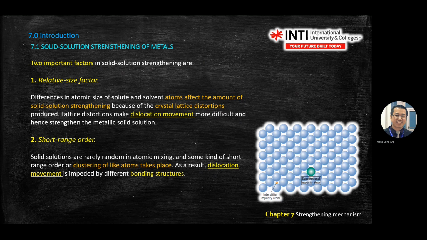So there are two types that we need to consider when you do strengthening. Most of the time we look at the size, and if it's a repeated pattern, like for example polymer, then you need to look at whether it has short range order or not.